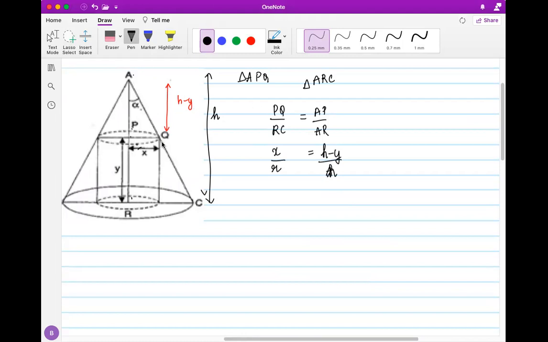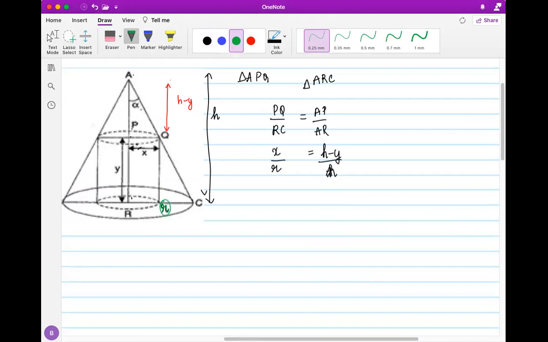PQ is the radius of the cylinder, x. Then RC is considered to be r, the radius of the cone.